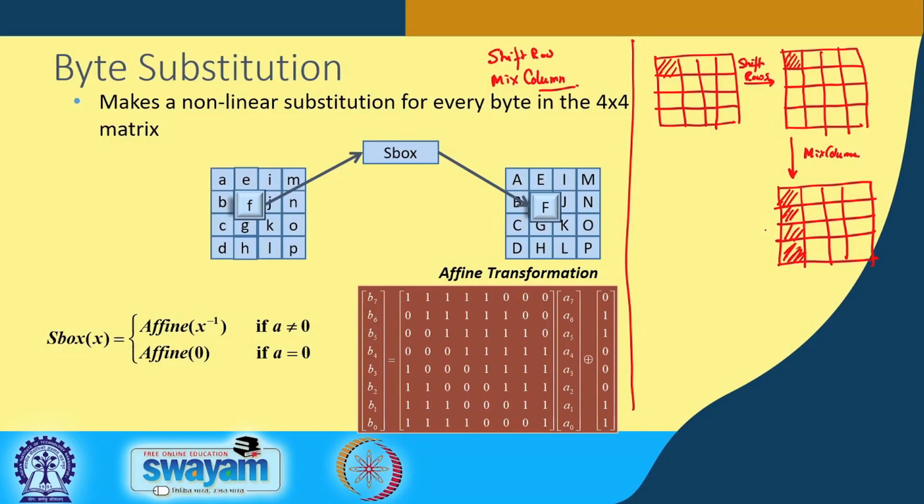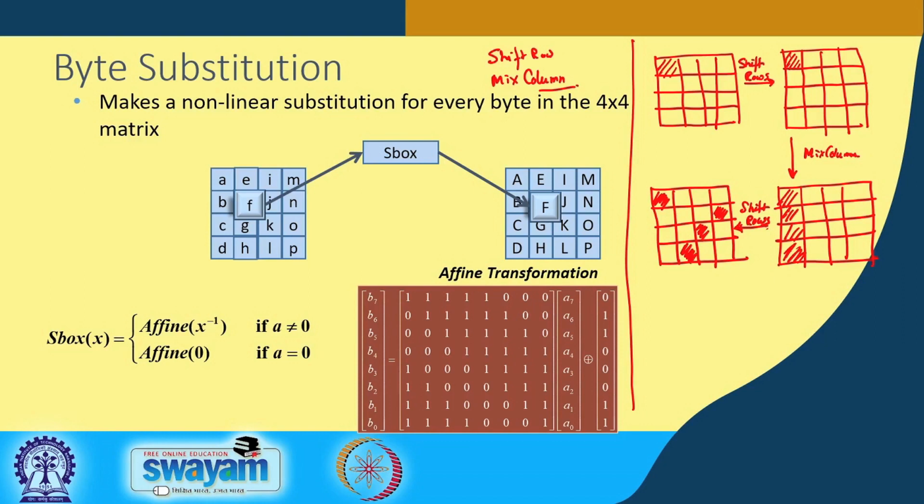So now, what is the implication of this? If you follow this by the next shift rows operation, what will happen? This will remain here, this will go here, this will come here, and this will come here.